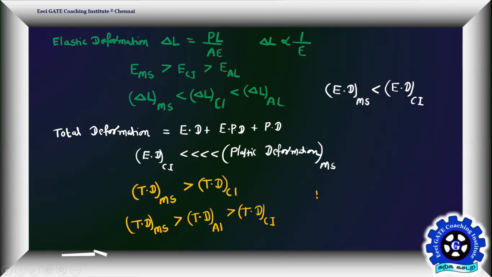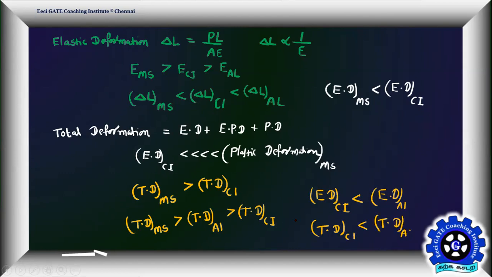Okay. Why so? Tell me. Elastic deformation of cast iron will be less than the elastic deformation of aluminum. In that case, total deformation of cast iron will be less than total deformation of aluminum.